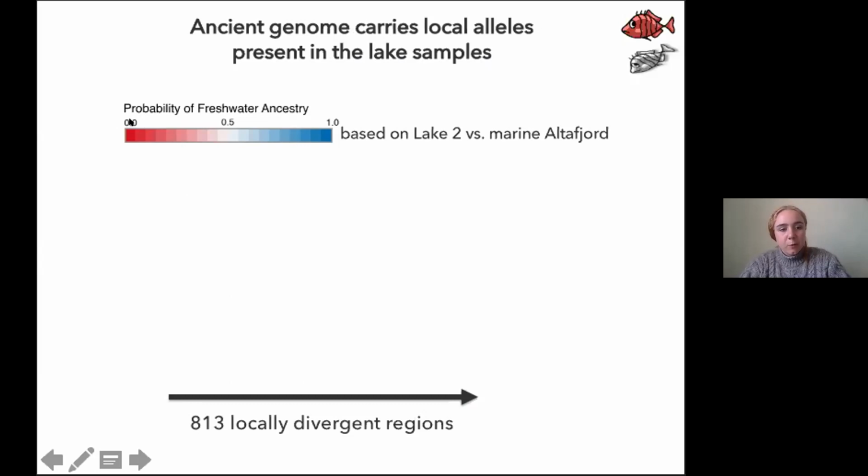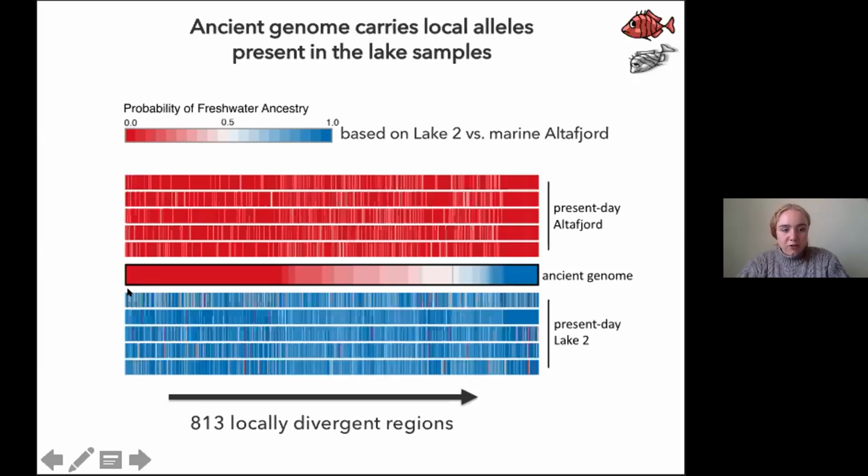And we applied a measurement of probability of freshwater ancestry, where 0 means that the region is very similar to the marine version, and blue means it's very similar to the freshwater version. Here, each column is one region, and we rank them according to the value of the ancient genome.